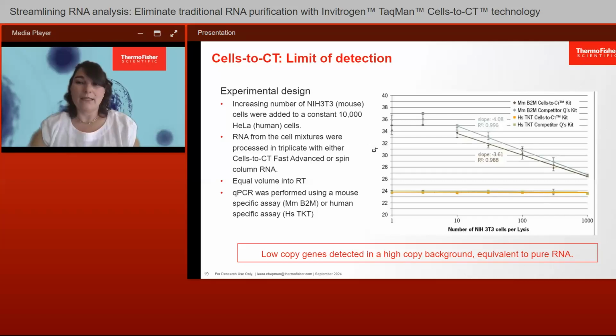And then as we spike in more and more NIH3T3 mouse cells, you can see the Cts decrease with the more cellular input, and we're able to detect down to 10 cells in a linear fashion. Even down to one cell, we're able to detect it, but it's at the limit of detection there. It's almost at background level. But this is a really nice experiment to show that low copy genes are able to be detected in a high copy background with equivalent performance to purified RNA.